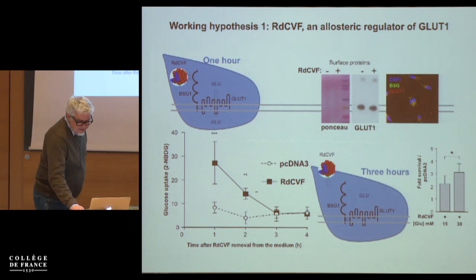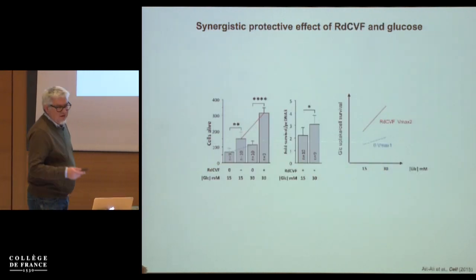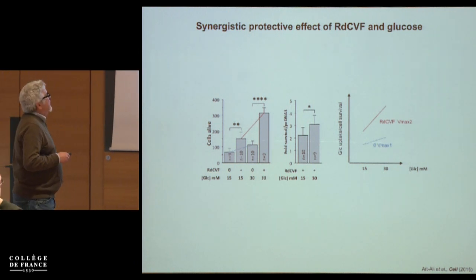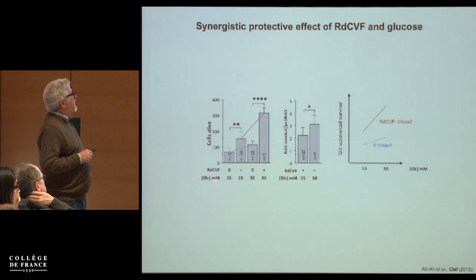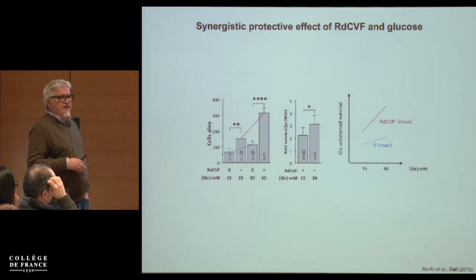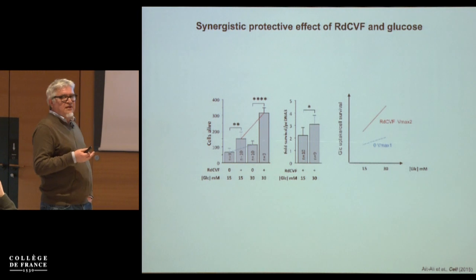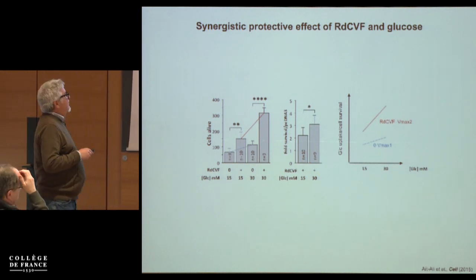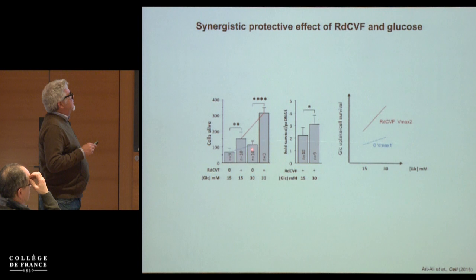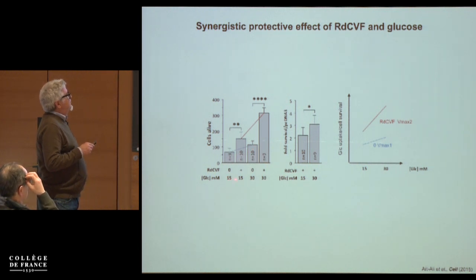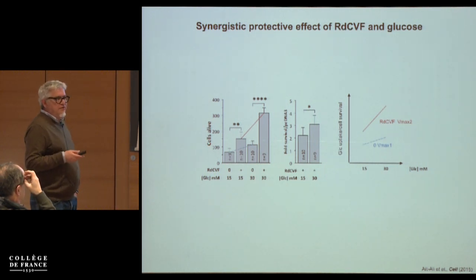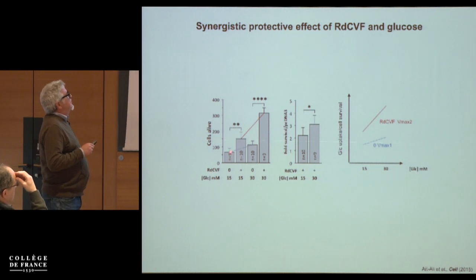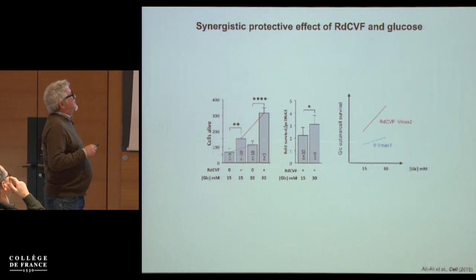So following this hypothesis, which is very much why we contacted Anthony, in our paper we did the combination of increasing glucose concentration in the media and adding RDCVF. We discovered, for example in blue, that if you increase the glucose concentration in the media from 15 to 30 millimolar, cell viability, which we believe depends on glucose uptake, is increased by this blue dot.